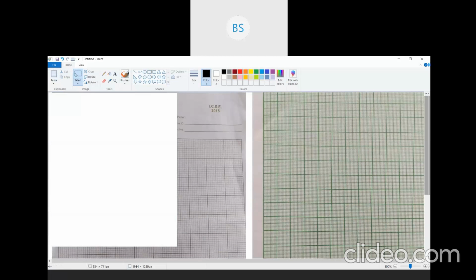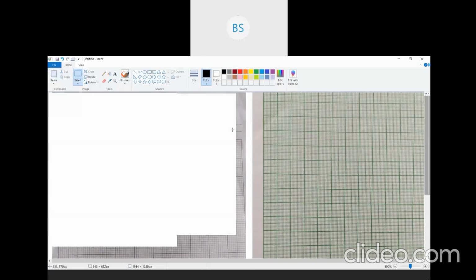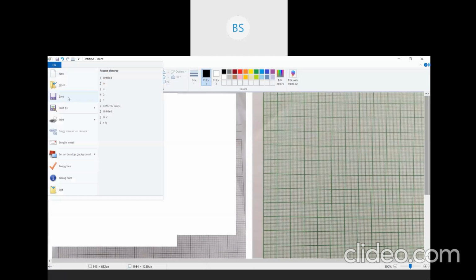Okay, so we will start with the representation of the histogram. The first question.